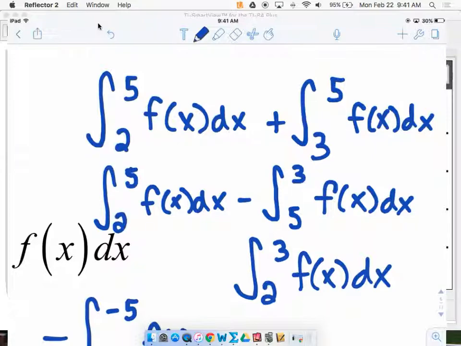Like you go from 2 to 5 and you grab some things, but then you go back from 5 to 3 and you lose some things. So this here would really be the same thing as just doing it from 2 to 3. Yeah, that's kind of where we're headed. But you want to make sure that your upper number here and your lower number here are the same. If they're not the same, then you can't push them together.